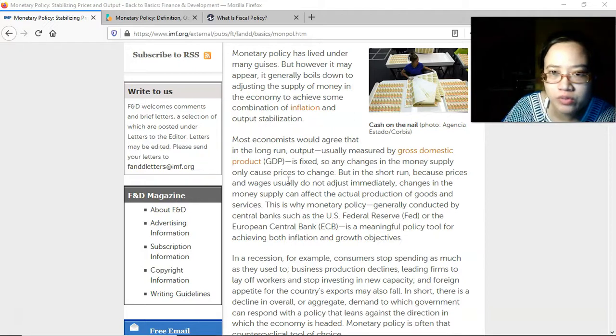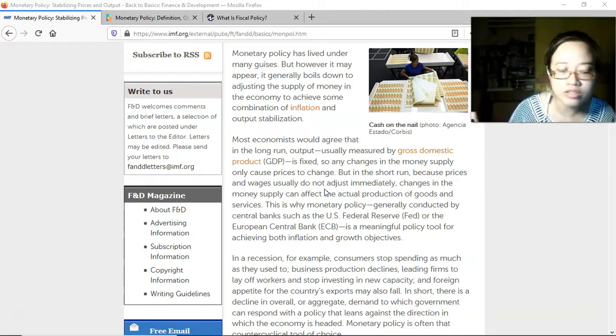Okay, going back, it was mentioned here that prices and wages usually do not adjust immediately. When the central bank infuses money into the market, it is still in the hands of, in the first instance, let's say they bought government bonds from private banks. So the money after that certain transaction is infused in the economy, but it's still in the hands of the private banks, and it would take some time before the money gets into the hands of ordinary people like us, the households, the individuals, the workers.